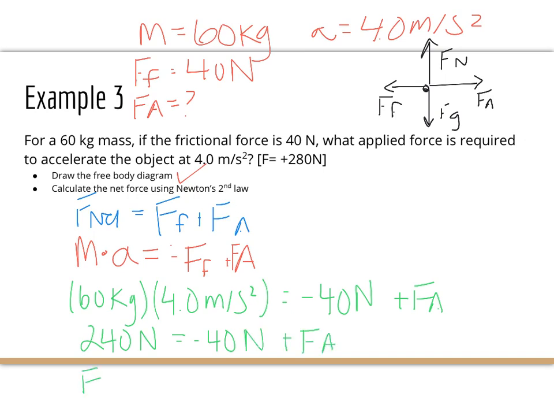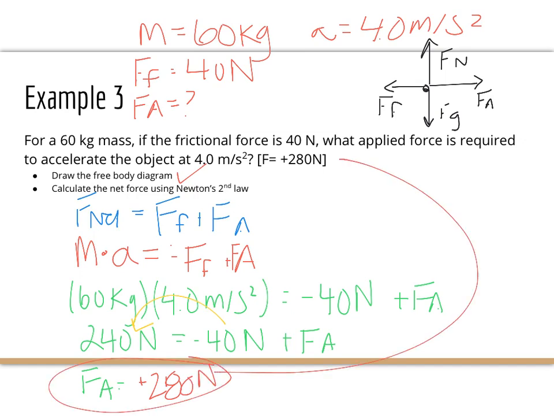F of A then, we move our negative 40 to the other side, and we add the 40, we get positive 280 newtons. All right, and again, our answers are all listed here just for you guys who are looking for them if you had incomplete examples.